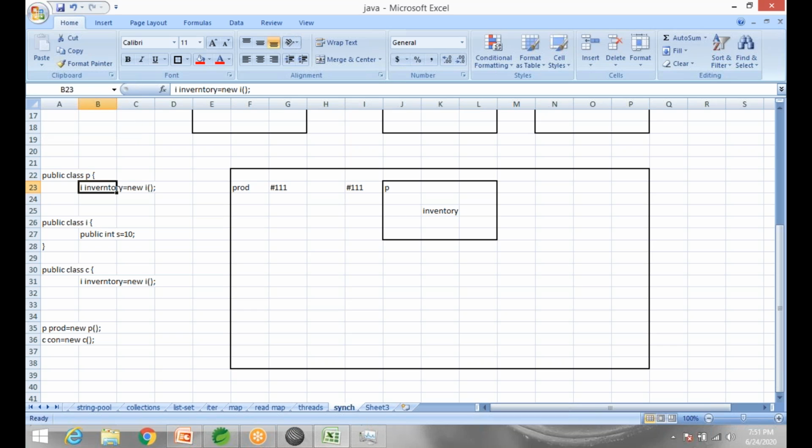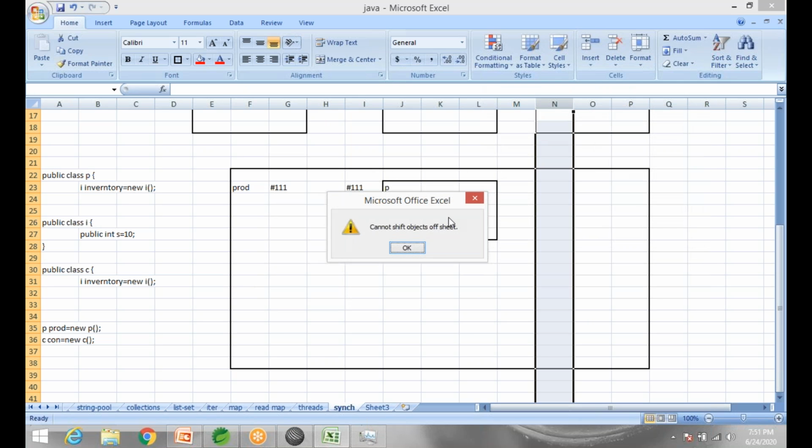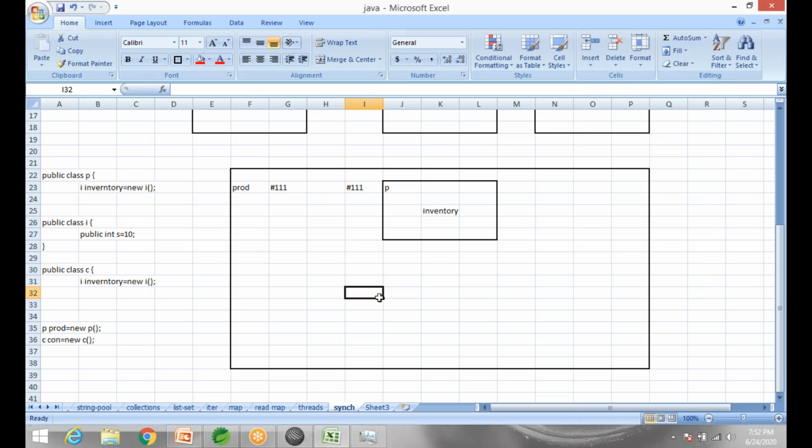I inventory equals new I. What will happen when you say new I? It creates a new object.